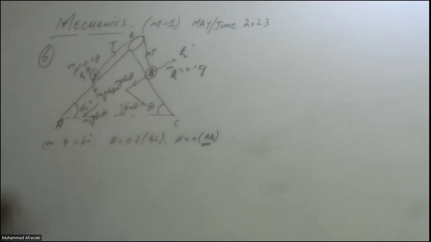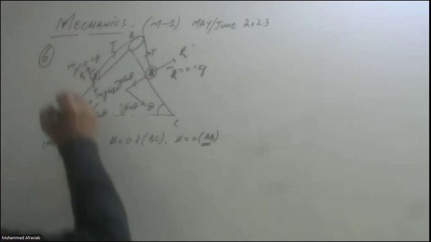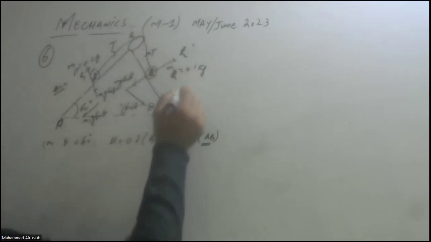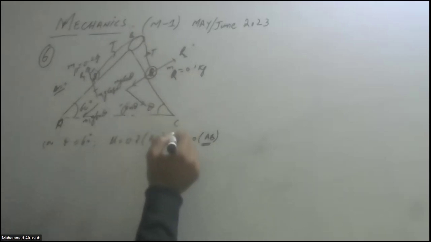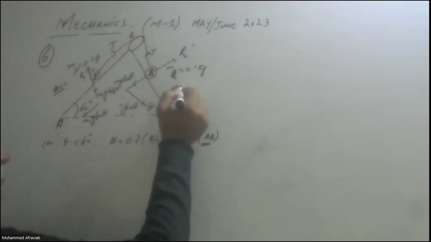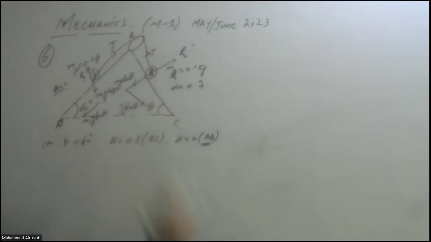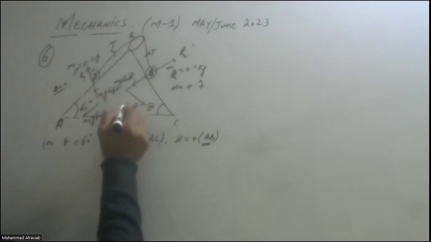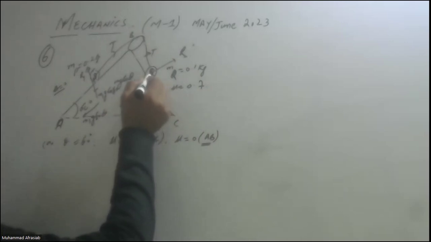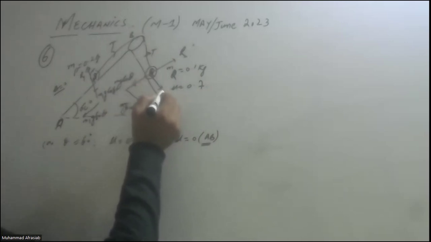But this surface AB is smooth, so mu is equal to 0, and the BC surface has friction, which is mu equal to 0.7. So this frictional force acts along this direction there.